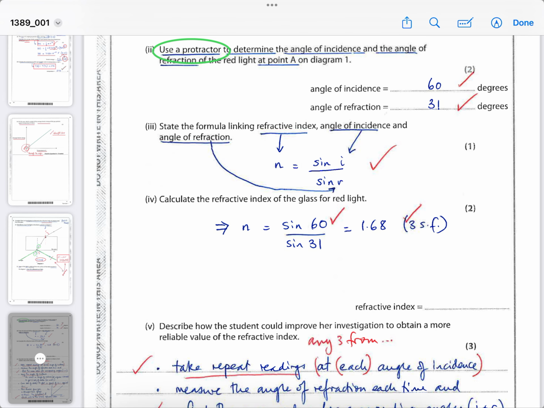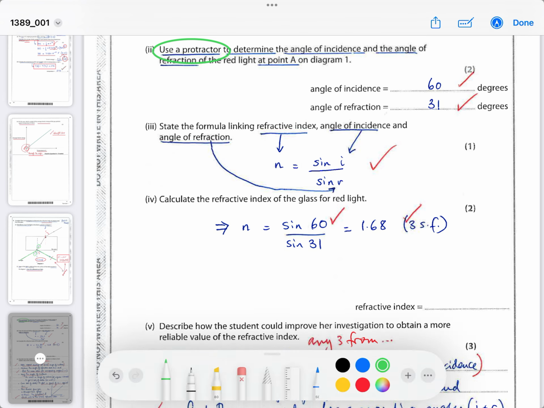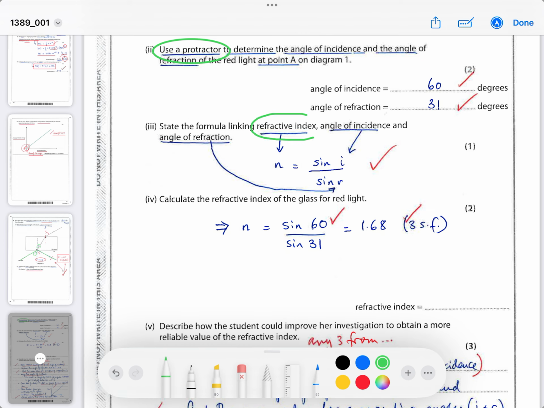State the formula linking the refractive index, N, and the two angles, angle of incidence and angle of refraction. The equation is N equals sine of the angle of incidence over sine of the angle of refraction. Writing it like that should be fine. Remember, you're given this equation in the formula sheet, and once you know that equation, you can put in the angles that you've measured.